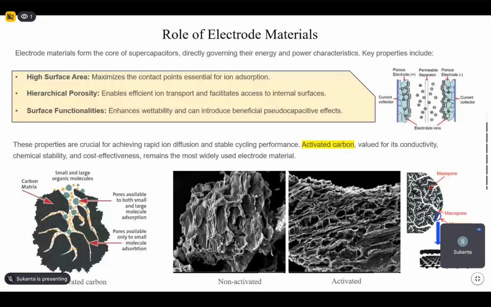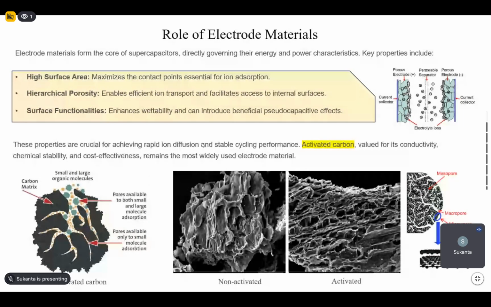So you can see contact between the electrode also increasing. And the surface functionalities enhance the wettability and can be beneficial for pseudocapacitive materials, like oxide materials and the polymers.